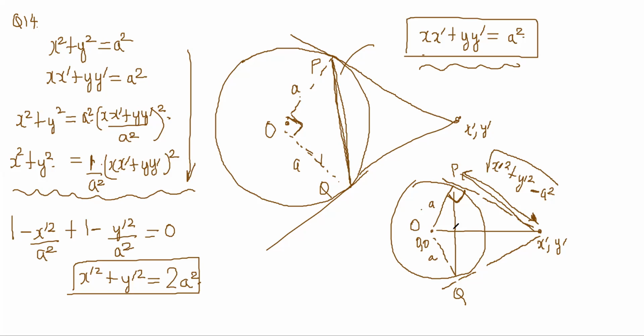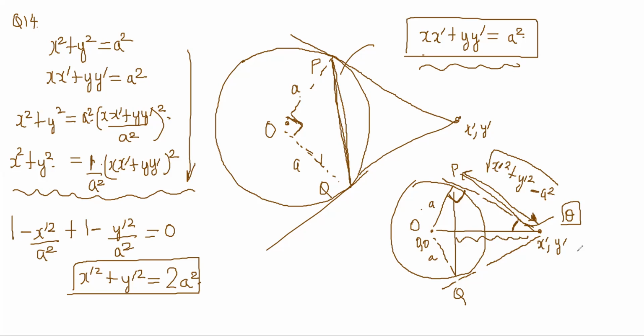So what is this angle? Theta. What is sin theta, or cos theta? What I want is the angle theta so that I can do tangent length into cos theta, this much.